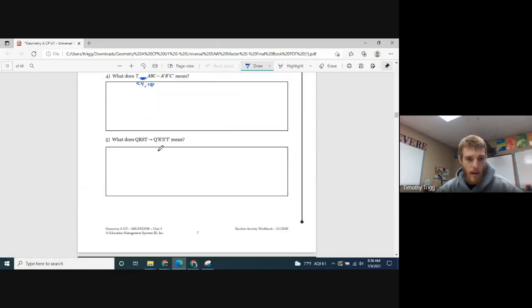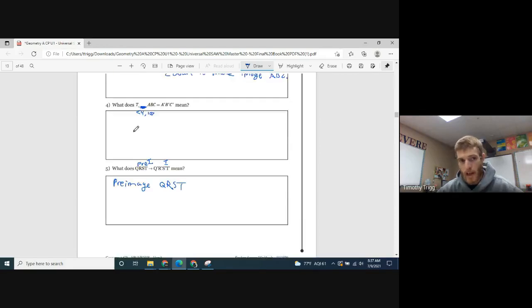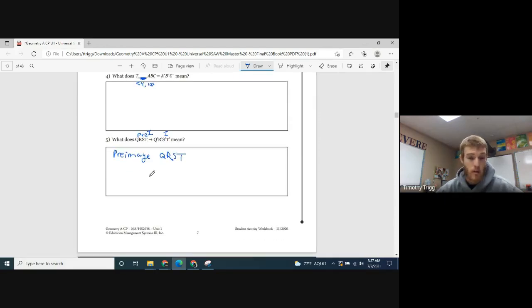Now number 5. What does QRST, and then an arrow, Q prime, R prime, S prime, T prime mean? Well, we know the pre-image is the first one listed, and the one with the primes is the image, right? So we would say pre-image QRST. Now it doesn't say it's a translation, right? We don't see the capital T like over here. So we don't know if it's a translation or a rotation or a reflection.